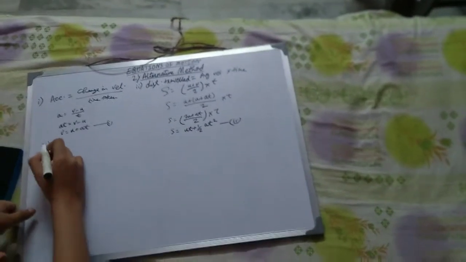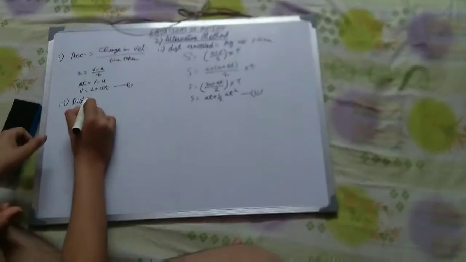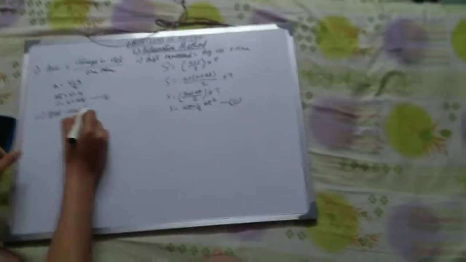Now for the third equation, we know distance traveled equal to average velocity into time taken. So let us write it here.